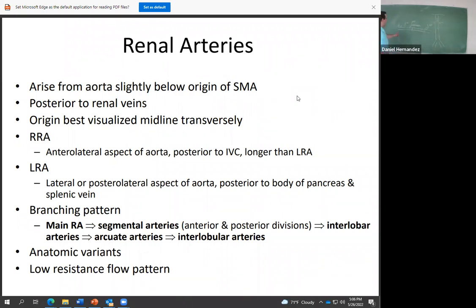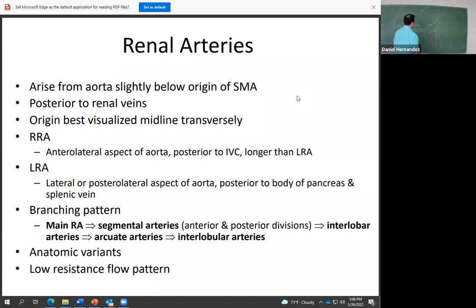So really, in theory, the mid segment will be anywhere from the celiac to just below the level of the renal arteries. So that constitutes a good mid segment. And then the distal segment could be anywhere from just above the IMA to just above the level of the bifurcation.